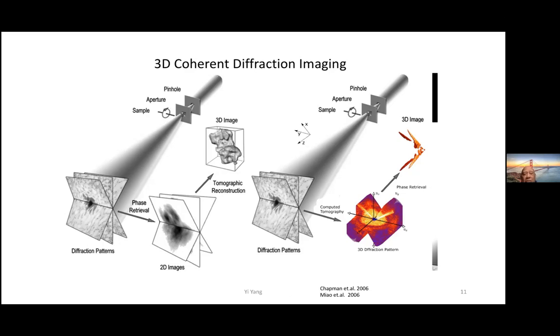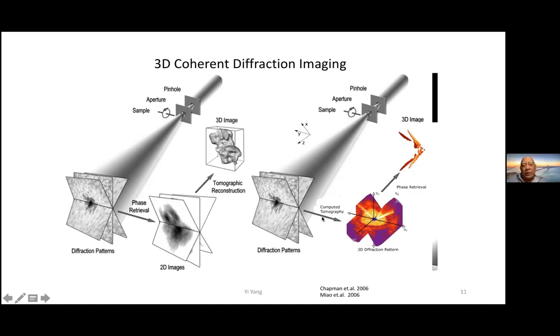It's just a Born approximation and just a Fourier transform. So if you wanted to do a 3D object using the Born approximation, you can do tricks like this. You can tilt the sample and go through it at different angles.